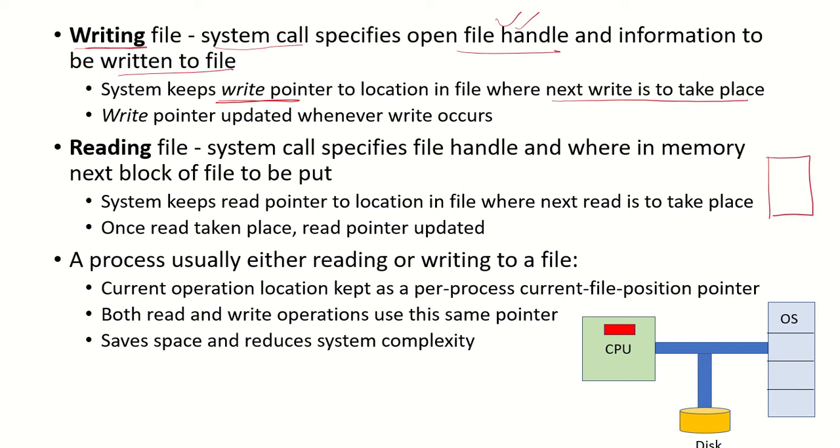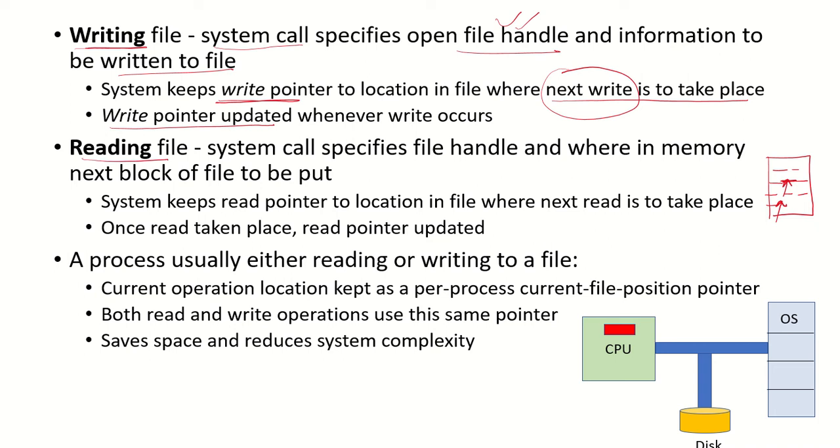So every file will have some pointer. Suppose this is the pointer where the file has to be written into; the system will keep track of that and it will point to where the next write is to take place, and the write pointer will be updated whenever a write occurs. So if a few bytes or whatever data has been written, this file pointer will now be updated to point to the next write.